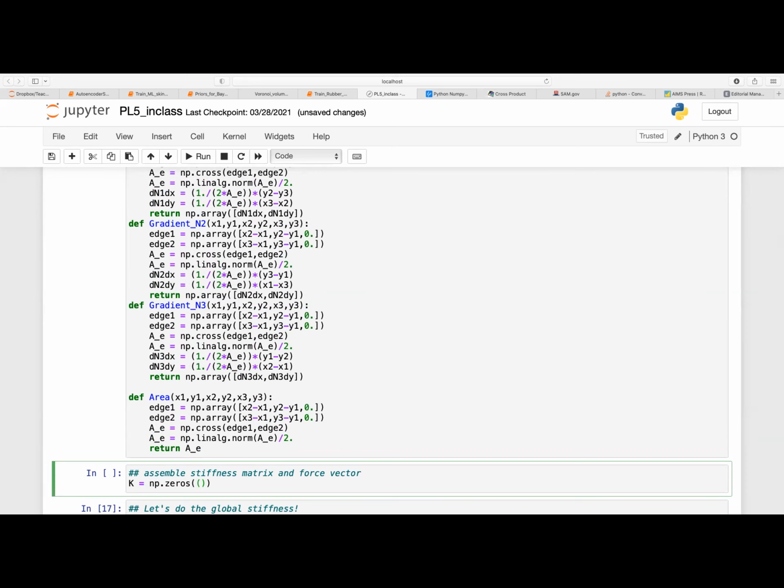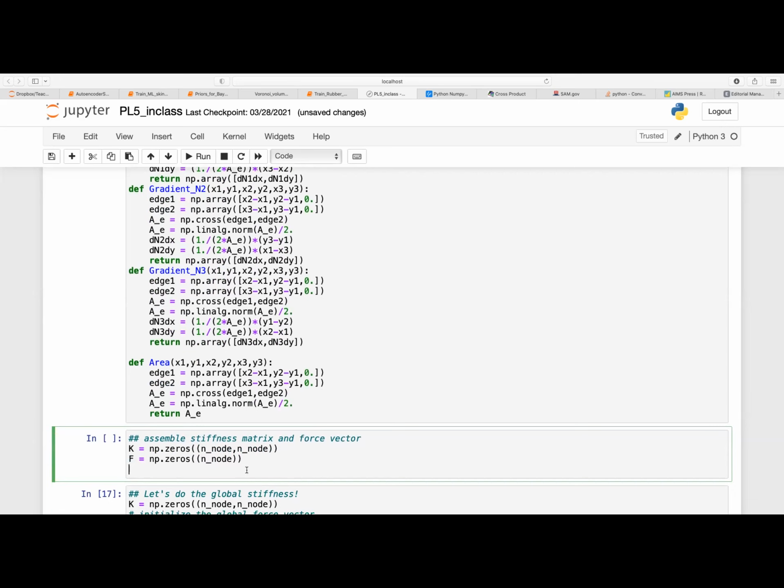Yes, the number of nodes by the number of nodes. Whereas the force vector is just the number of nodes. So we're going to initialize them with zeros.